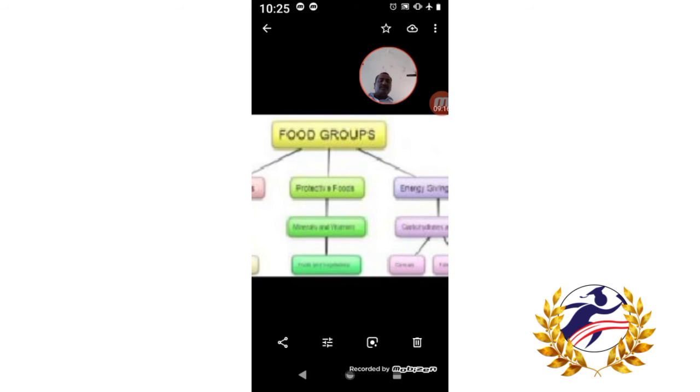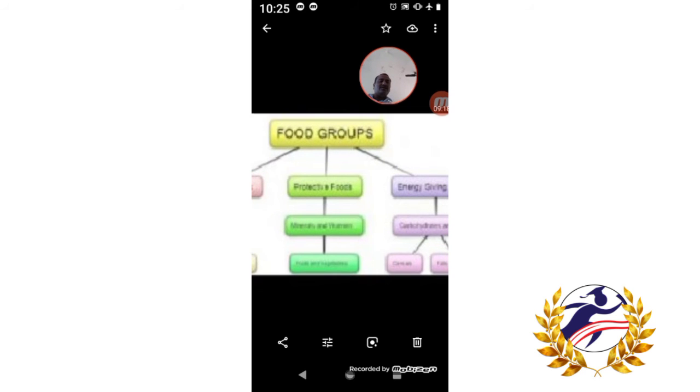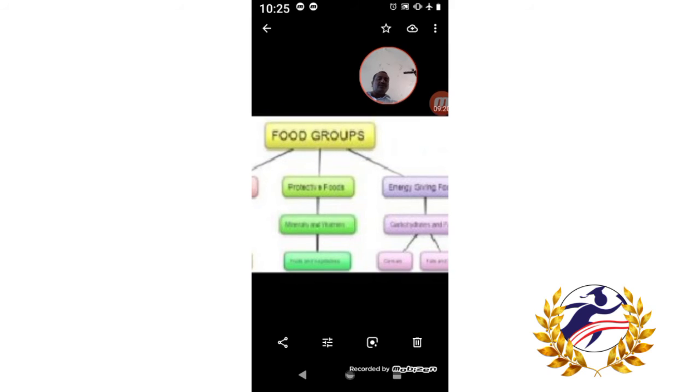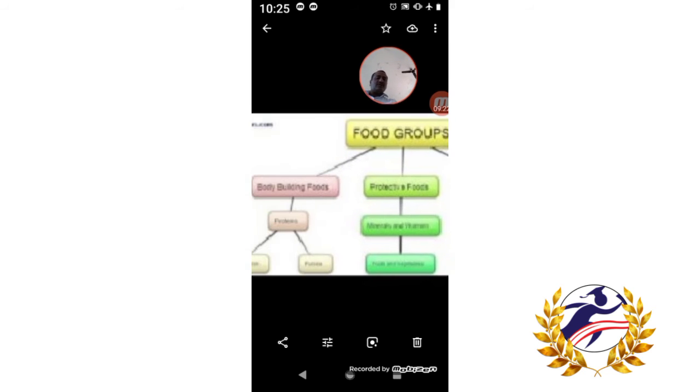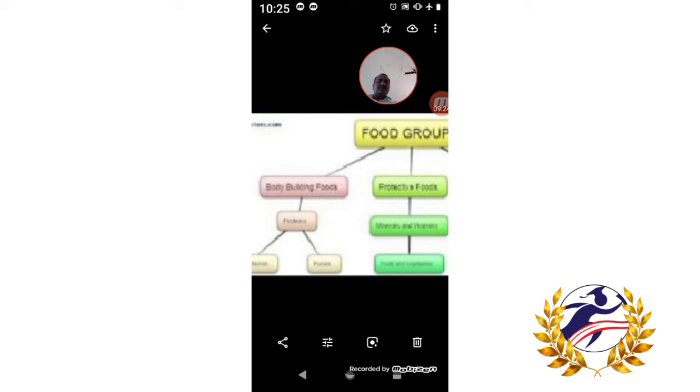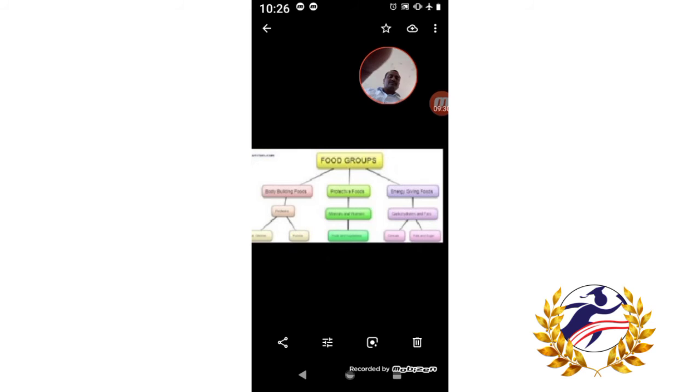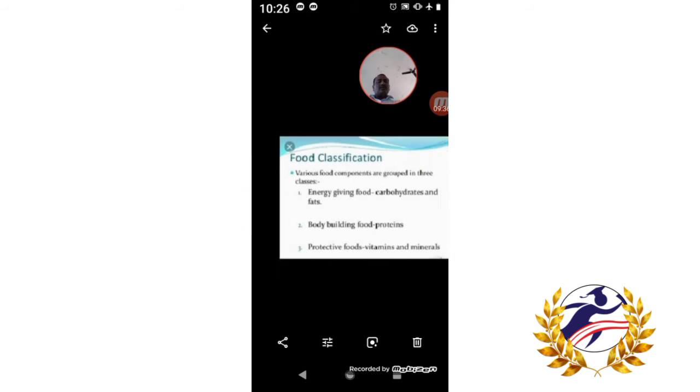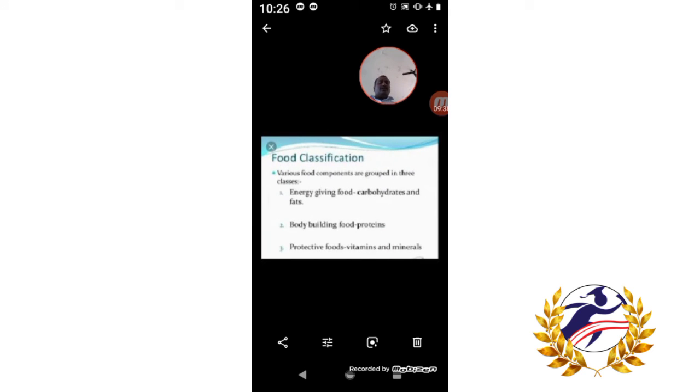Protective foods, okay, are minerals and dietary fibers. Then bodybuilding foods are nothing but proteins. Next, food classification.